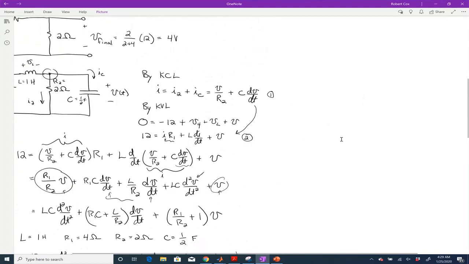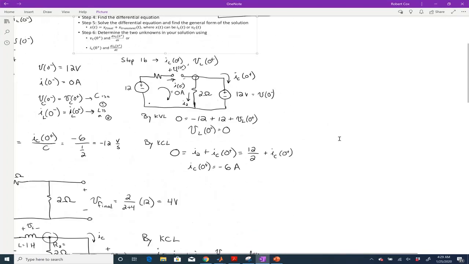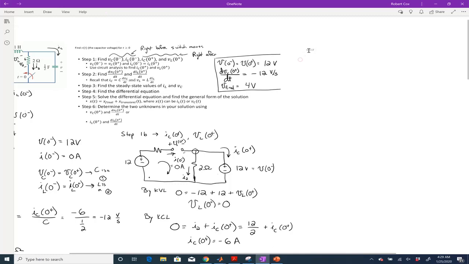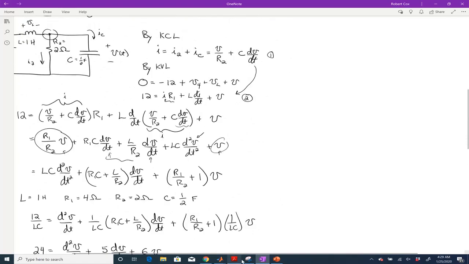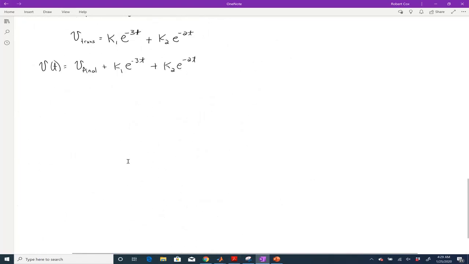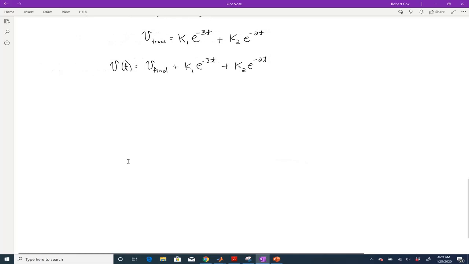All right, so to do that, one thing I'm going to do is take this little box up here that I created, because I'm going to need that. All right, so step 6 is find unknowns.